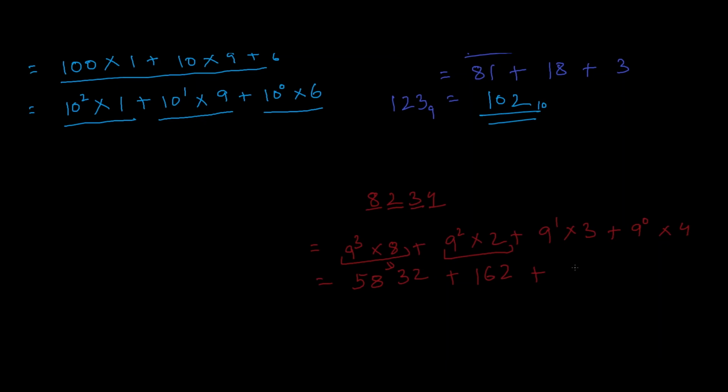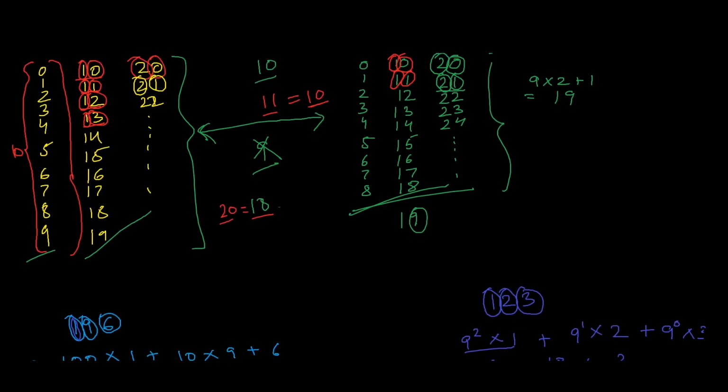This would be 27, and this would just be 4. And if we add these up, 5,832 plus 162 plus 27 plus 4, that's 6,025. So we have a pretty consistent way of switching between these systems.